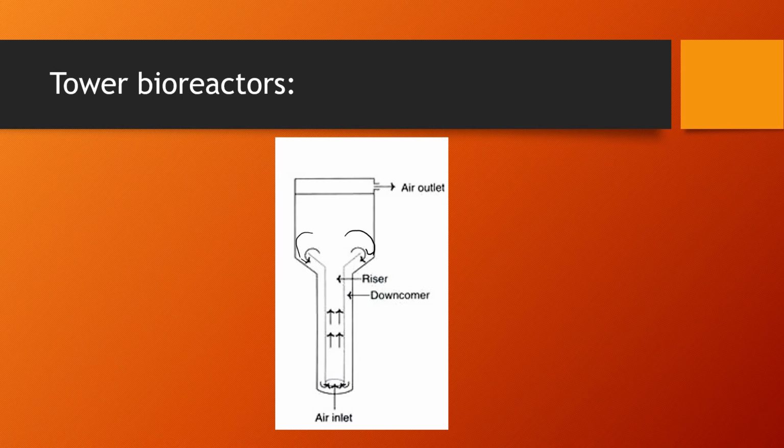This is the downcomer. So it is continuously moving up and down. Again, there are two zones, riser and downcomer, and the contents are being mixed in this bioreactor. It is called a tower because it looks like a tower, with the top broader and the bottom narrower.